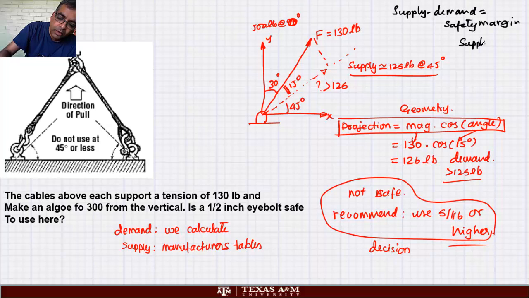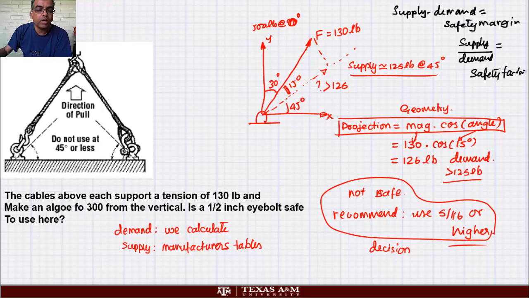Supply divided by demand is called safety factor. So when you look at an engineering manual or something like that and it says safety factor, it always means supply over demand, and safety margin means supply minus demand. Okay. So as far as this problem goes, we are done.